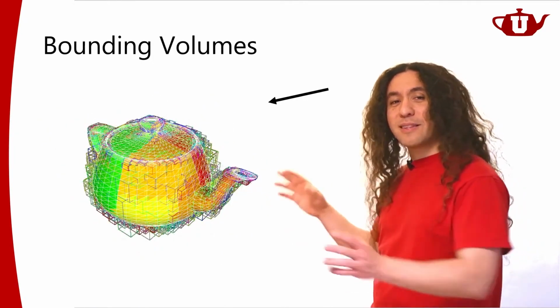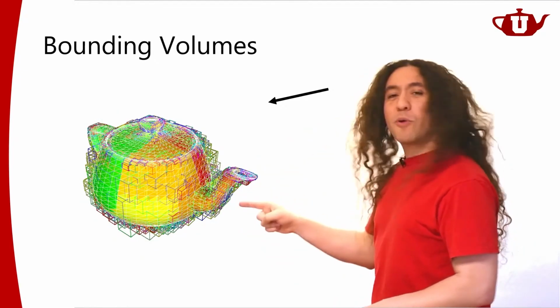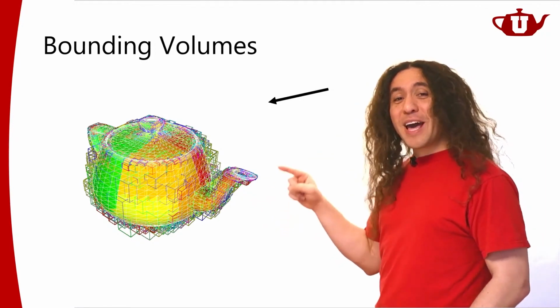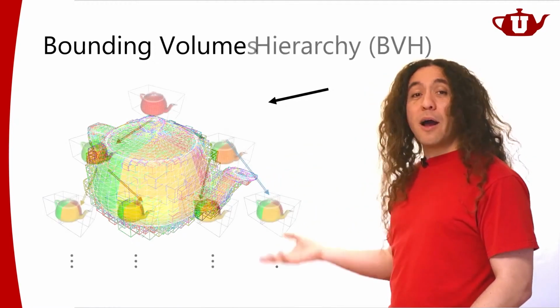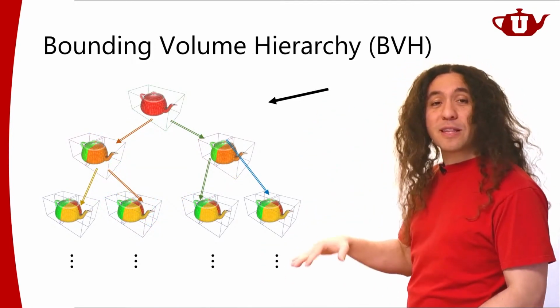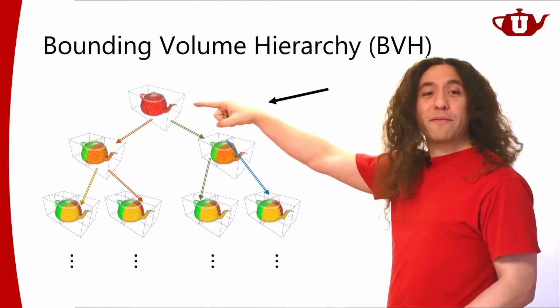At the limit, I have lots of boxes. But of course, now the problem becomes that I have a lot of boxes to traverse. So I don't want to do that. Instead, we're going to build a hierarchy from this. So, bounding volume hierarchy. We're going to have all of these different levels of boxes. At the very top, I have this one bounding box.